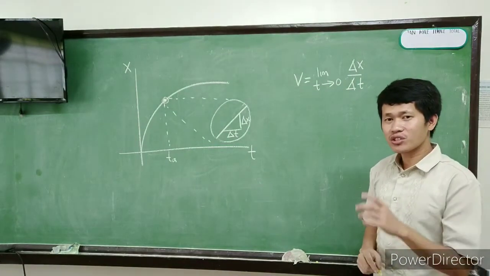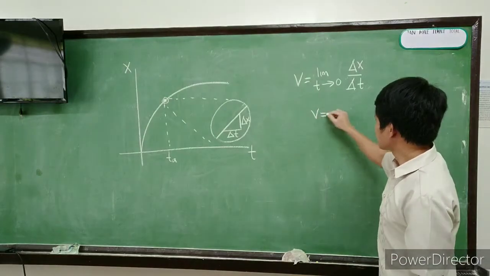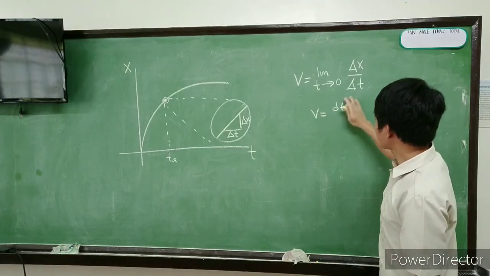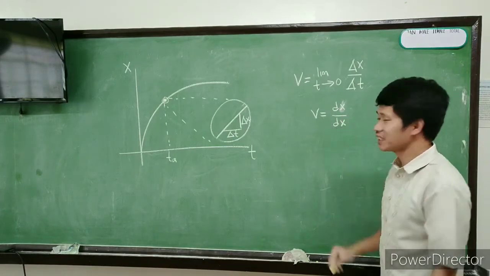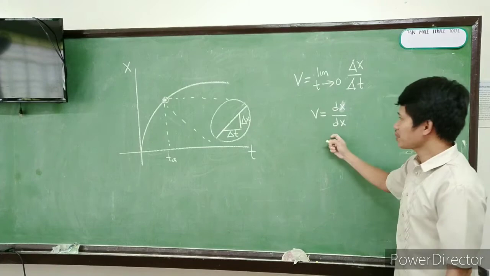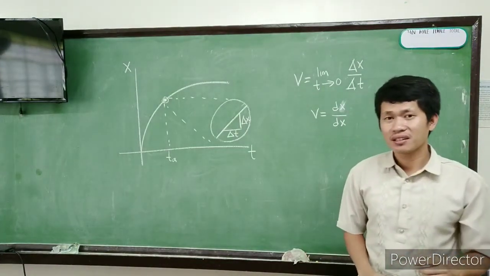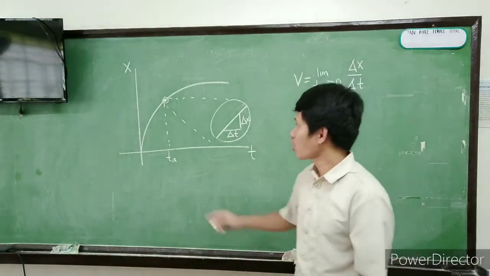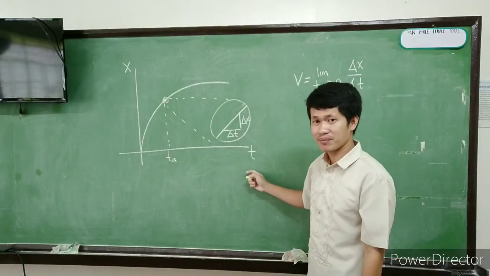Okay? Yung shorthand notation nila for this is that v is equal to dx over dt. Alright? So, ano yung ibig sabihin nito? This means daw that velocity is the first derivative of position as a function of time.